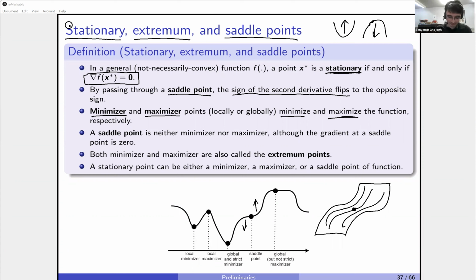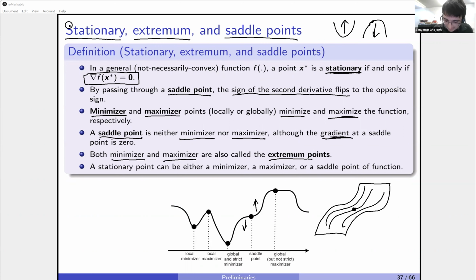We already talked about that. Okay, and if it is a minimizer or maximizer, we can call it an extremum point. So an extremum can be either a minimizer or maximizer because it's at the extreme of the function. Okay, the saddle point is not a minimizer because the facing of the function changes. It's also not a maximizer.